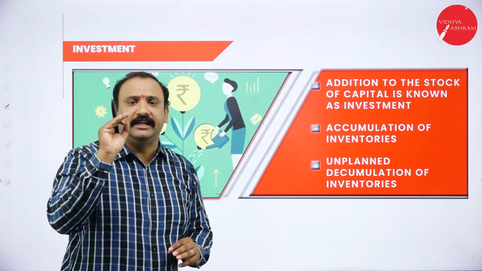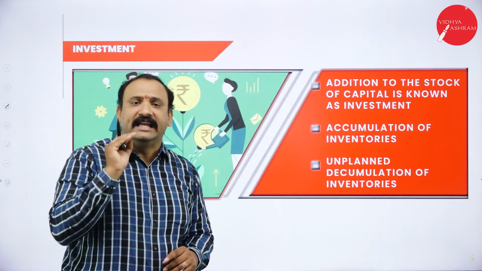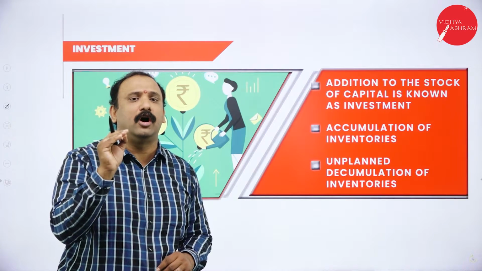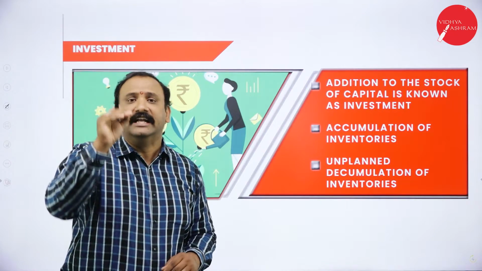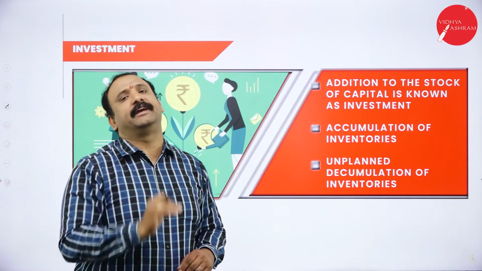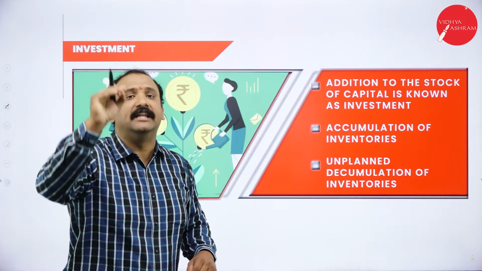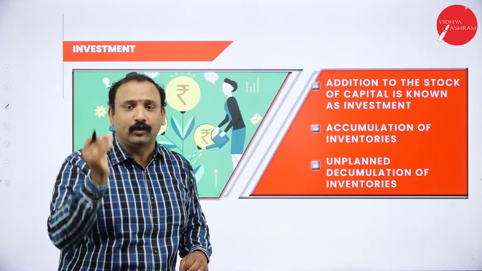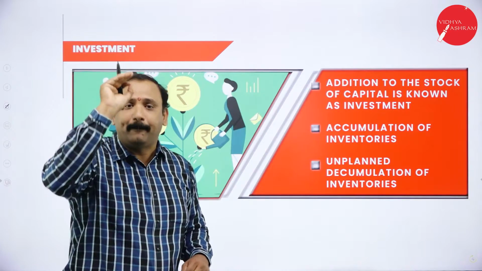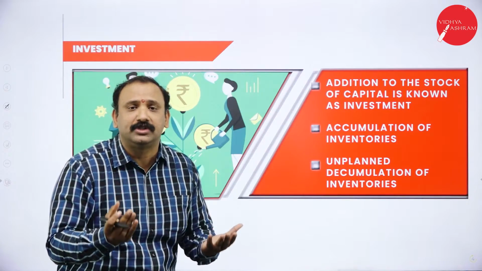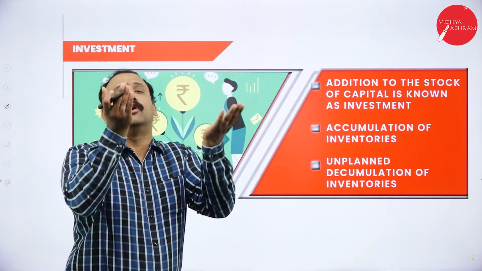So national income accounting says that investment is not just about putting money. It is all about investing into sector specific areas through which growth can be achieved in the long run. So you need to keep investing in a particular sector, in a particular manner, where you start accumulating your inventory.